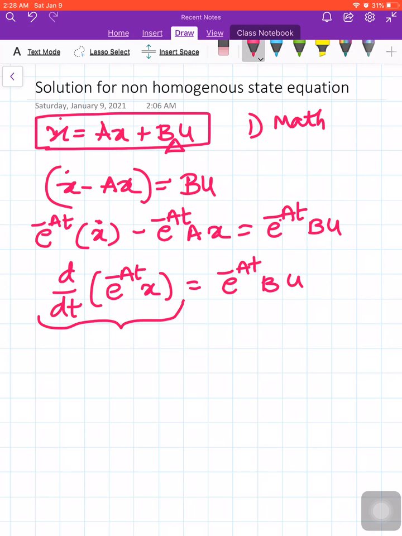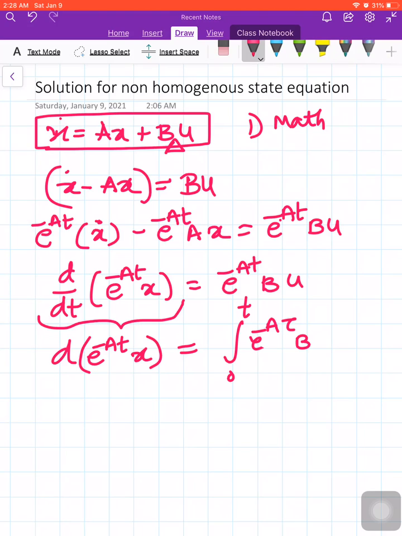So when I multiply with dt on both sides and integrate, then what happens? The integral of d of e power minus at into x is equal to the definite integral 0 to t of e power minus a tau, I'm changing the variable from t to tau because it is inside the integral, u of tau d tau, plus some constant c which will depend on initial conditions.